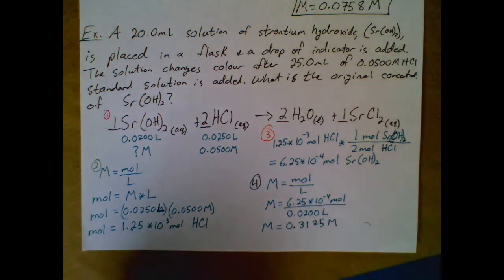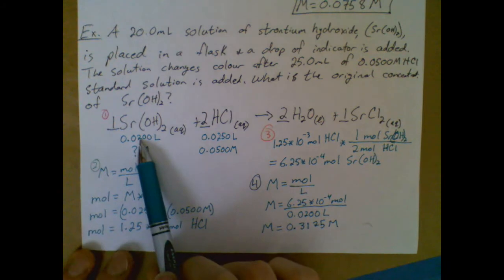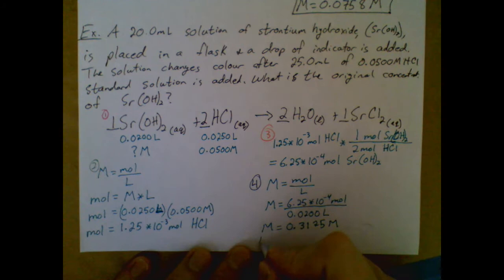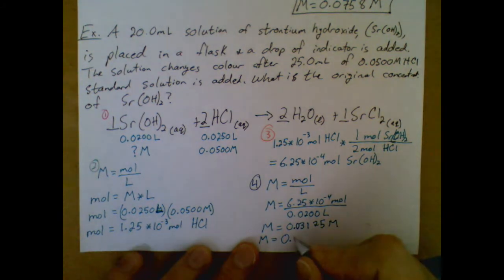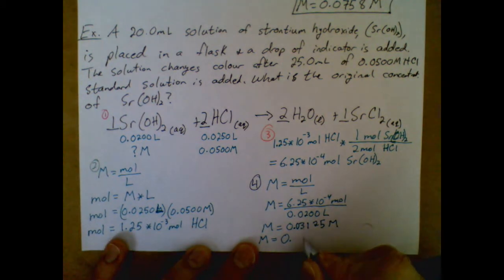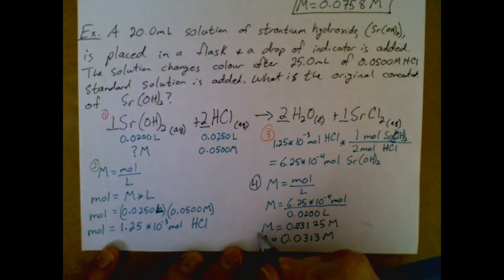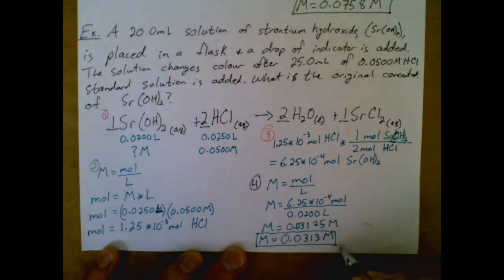But we can't forget sig figs. We can never forget sig figs. So how many significant figures? Well, I had 3 in this number, 3 in this number, 3 in this number. All I did was multiply. I need to keep 3 in my final answer. Oh, I forgot a 0 here, sorry. So 0.03125. When we round that to 3 sig figs, we get 0.0313.